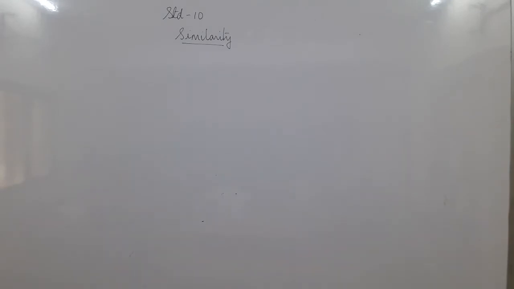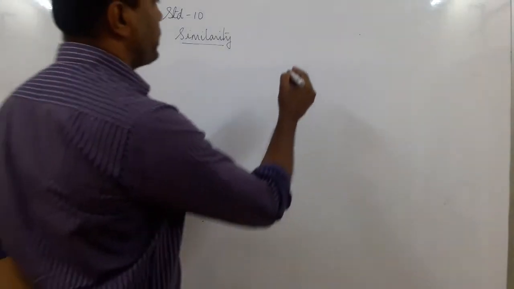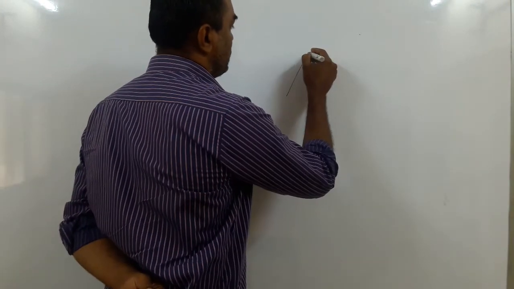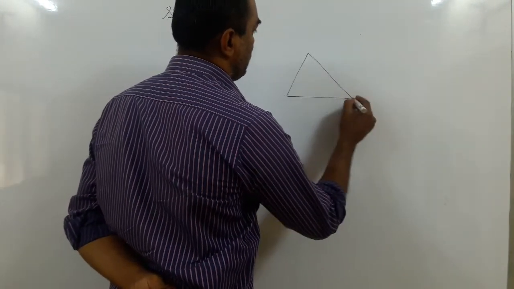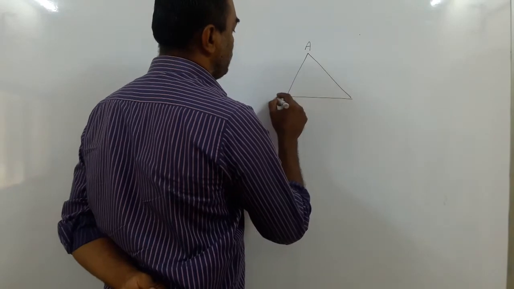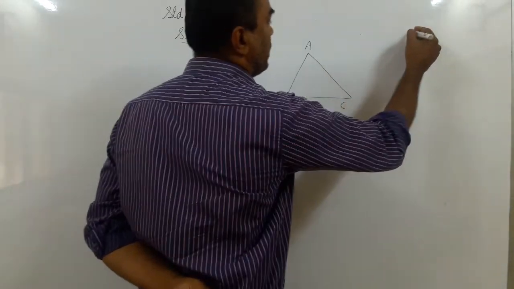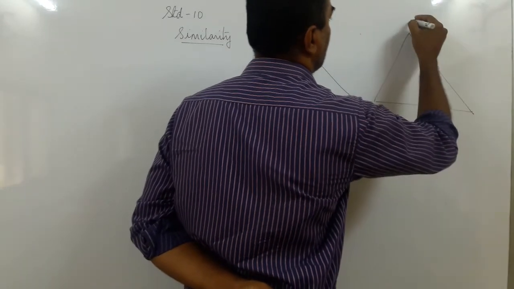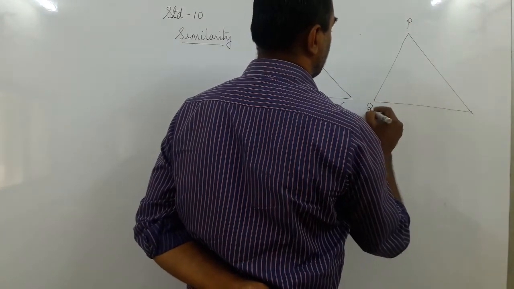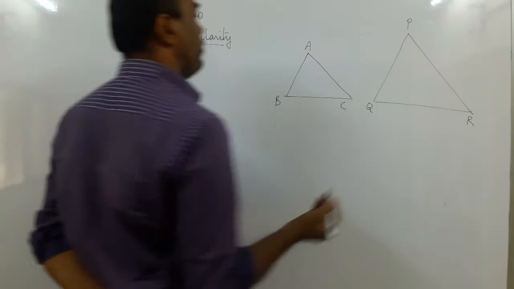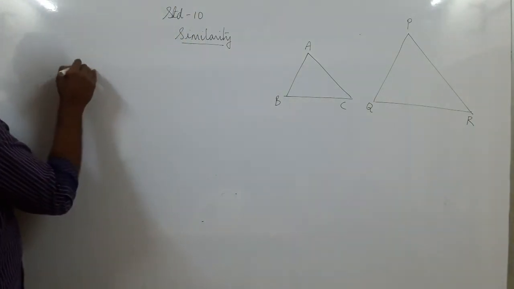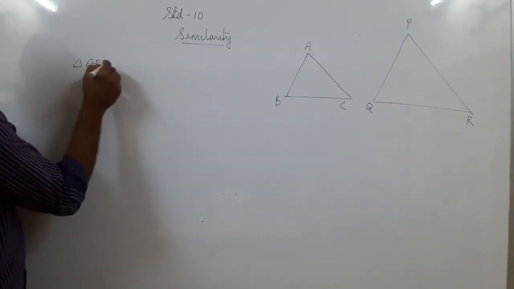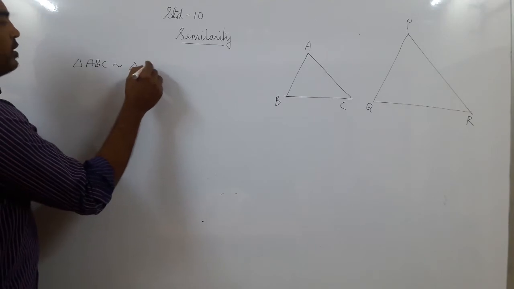So let us have two similar triangles, say triangle ABC and triangle PQR. So we have triangle ABC similar to triangle PQR.